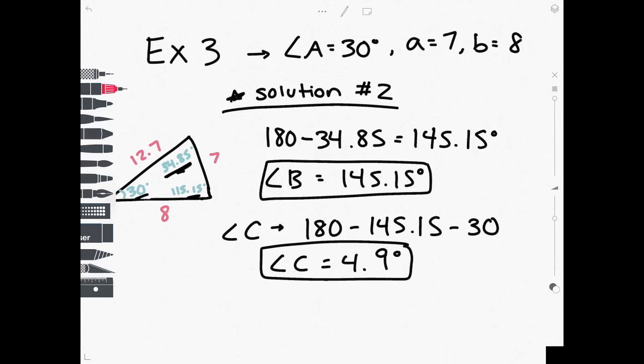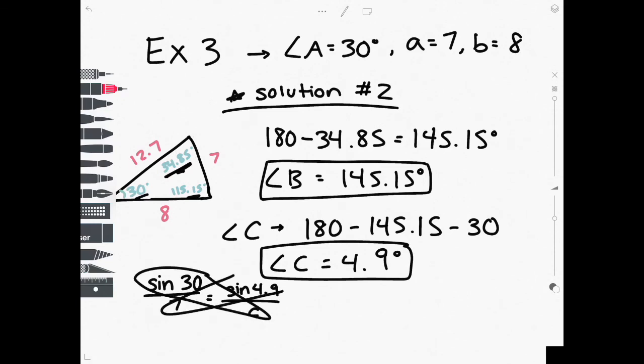So with 4.9, the value of C length would be different. So instead of 12.7, you can find it by using sine 30 over 7 equaling sine 4.9 over C. And by using cross multiplication, you can get C sine of 30 equal to 7 sine of 4.9, not 49.